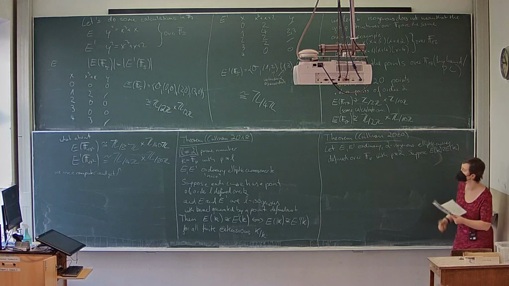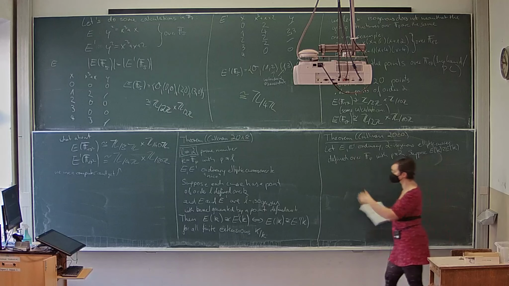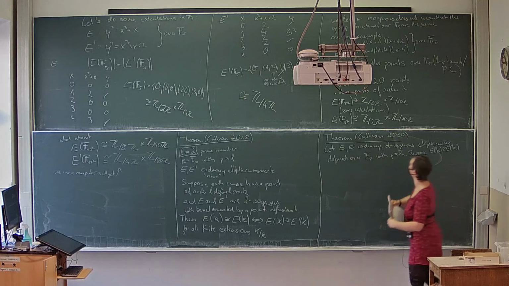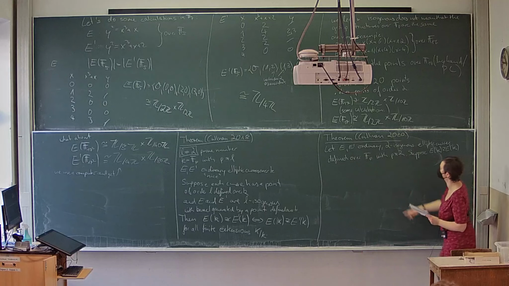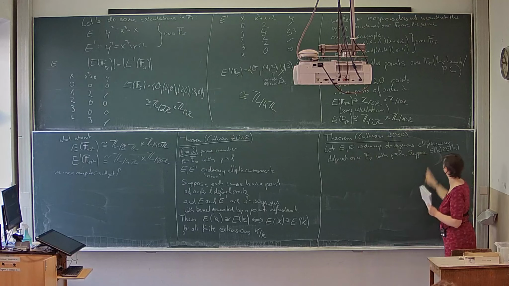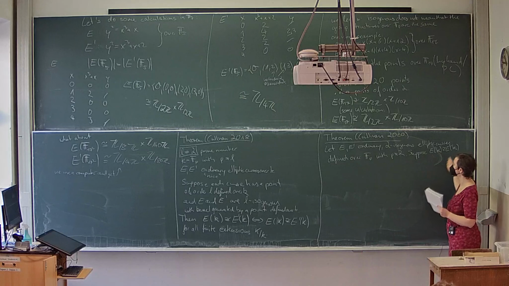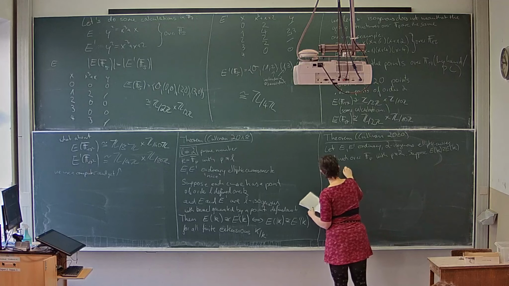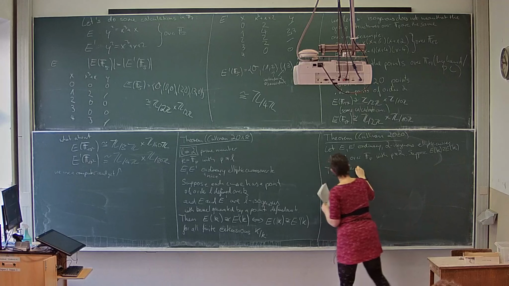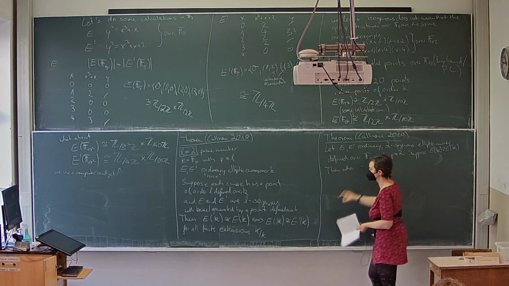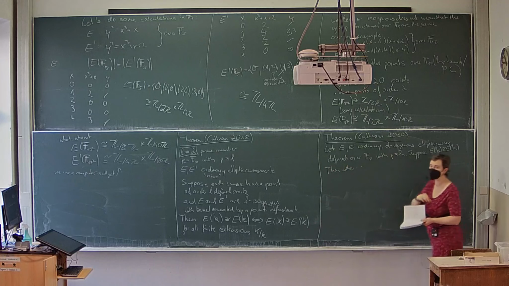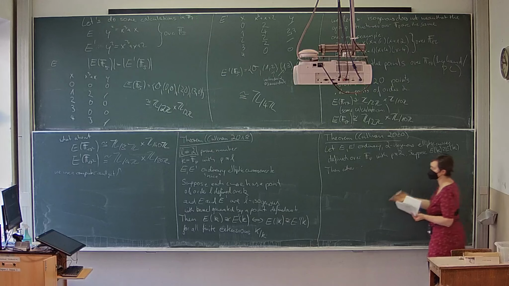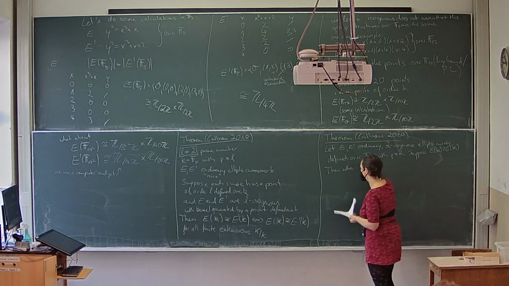And the question is now, if we have an isomorphism on the first level, or on the 0th level, over Fp, so that's what I wrote here, what can happen? First possibility is that we have the same as here, that all finite extensions generate the same group.